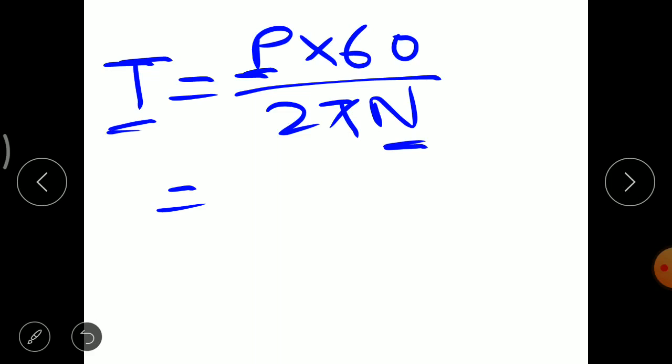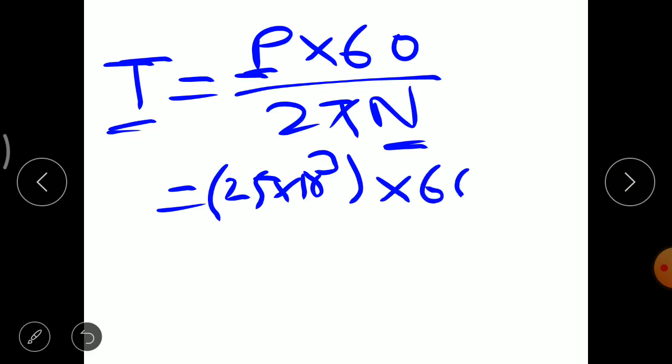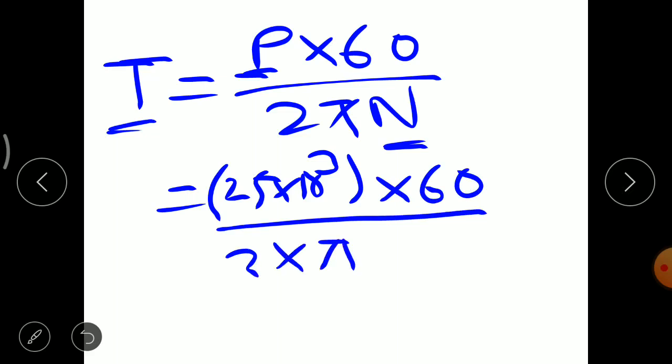I will put the value here, that is 25 into 10 raised to 3. It is in watt; we have the value in kilowatt. By multiplying by 10 raised to 3, it gets converted into watt. Multiply by 60 divided by 2 into pi into the value of N, that is 250.